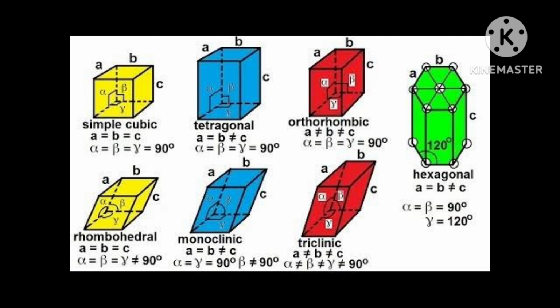And third, I told you, the third example is the end-centered unit cell. Now, the meaning of end you understand: first end, second end. Now 6 faces are there.